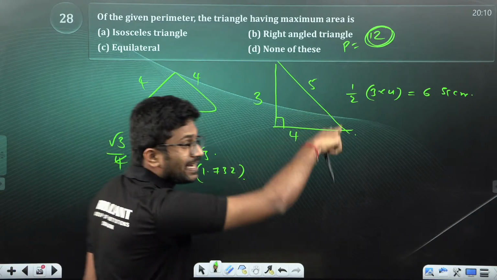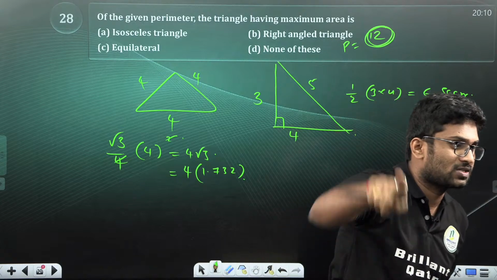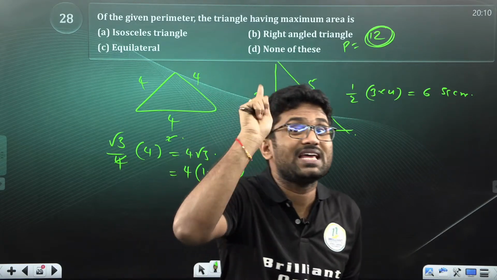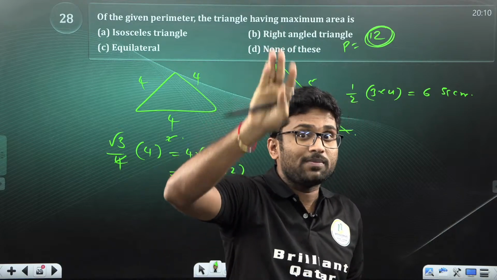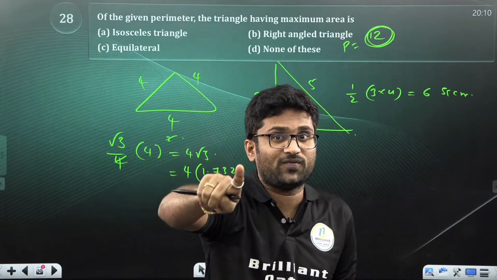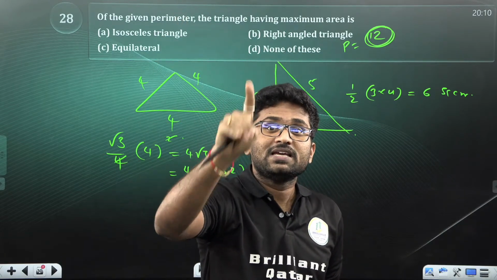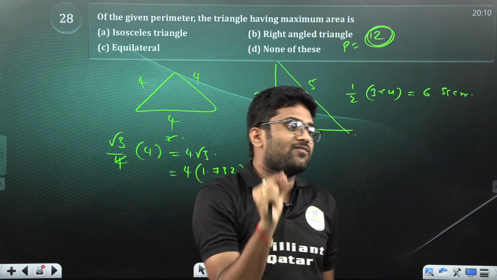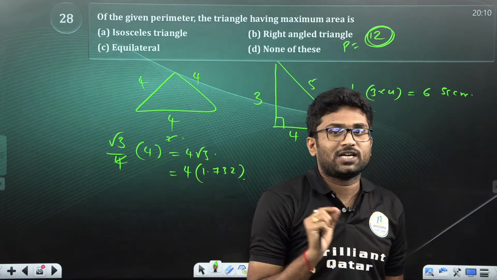This is clearly greater than 6. I hope you understood, friends. If the perimeter is given, that means the sum of the sides is fixed. In that case, the area of a triangle is going to be maximum when the triangle is equilateral.